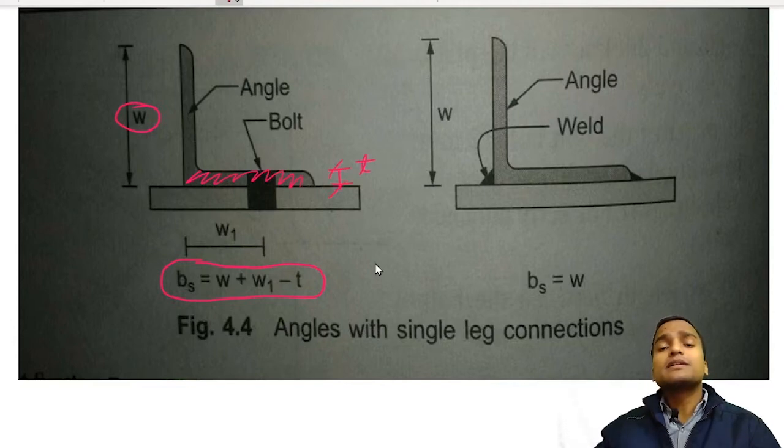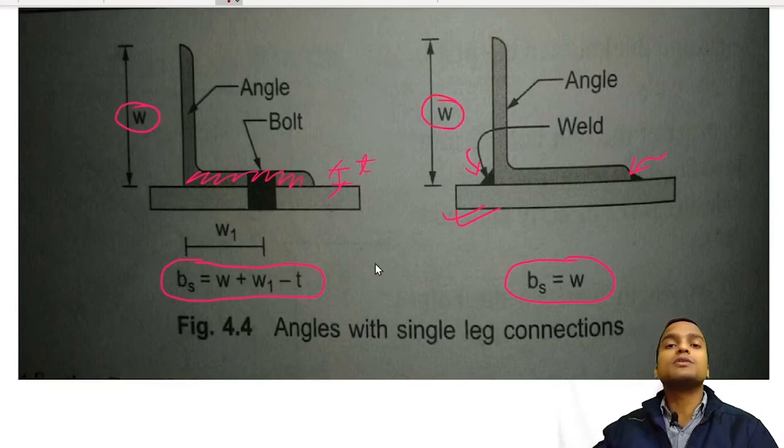But in case of a welded single angle section like this, with welding done on this side and on this side, the shear lag width Bs is equal to the outstanding leg length, which here is W.